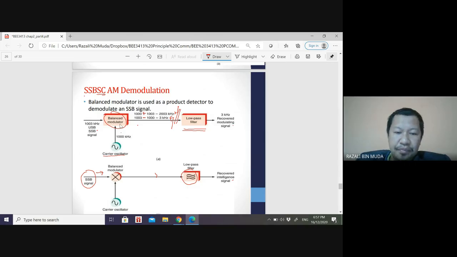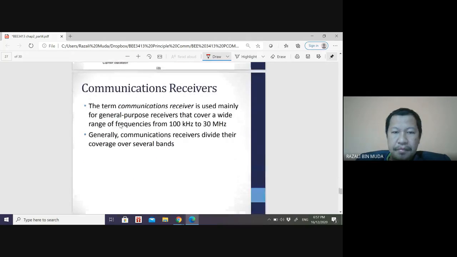In terms of communication receivers, they are used mainly as general purpose receivers that cover a wide range of frequencies, from 100 kHz to 30 MHz. Generally, communication receivers divide their coverage over several bands.